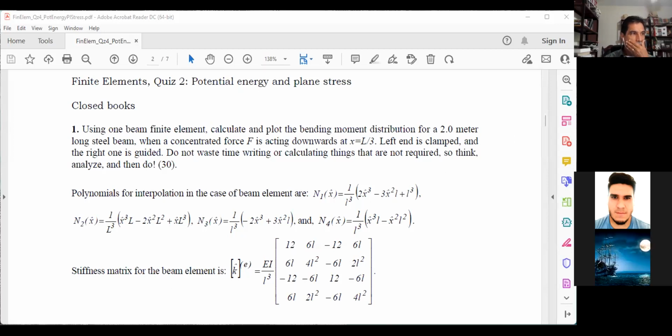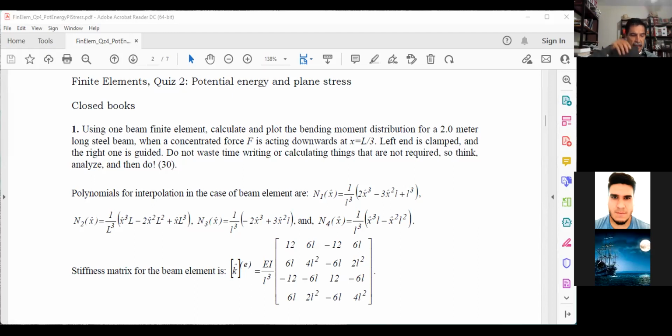Using one beam finite element, calculate and plot the bending moment distribution for a 2 meter long steel beam, when a concentrated force F is acting downward at X equals L/3, okay?